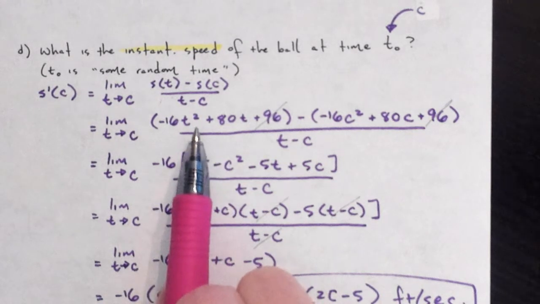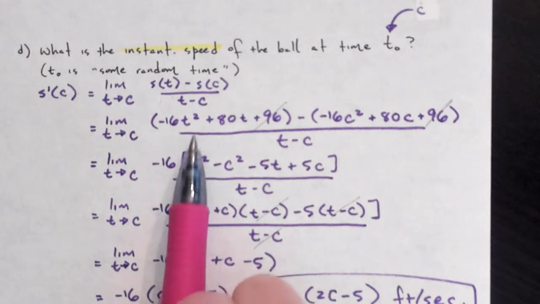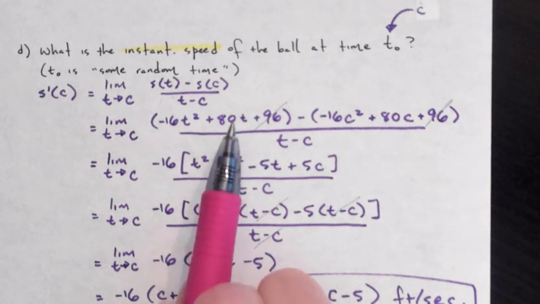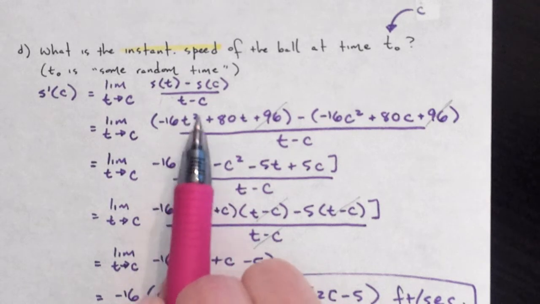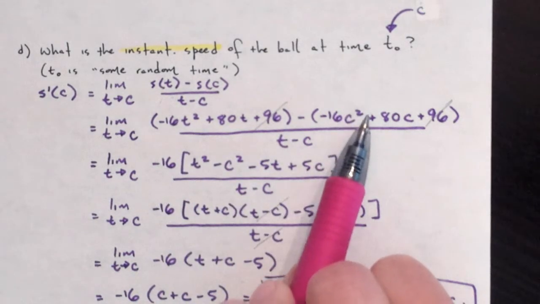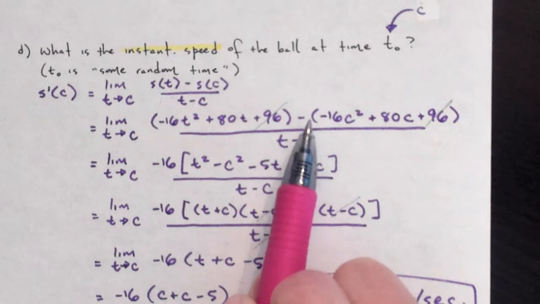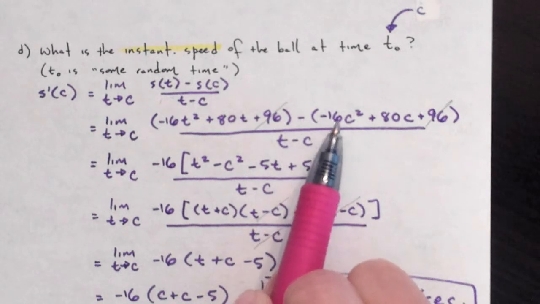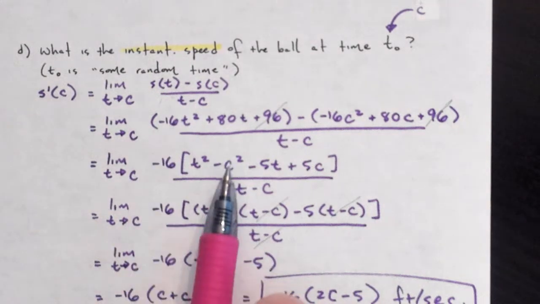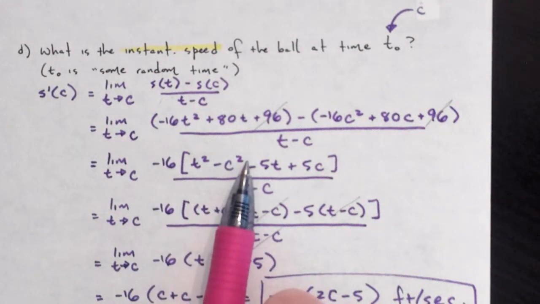And then I have t squared right here. And then I change places. So this is usually here, but I change places. I want to match up my t squared and my c squared, and you'll see why in a second, okay? So this was positive 16 c squared, but I factored out a negative 16, so now it's minus c squared.